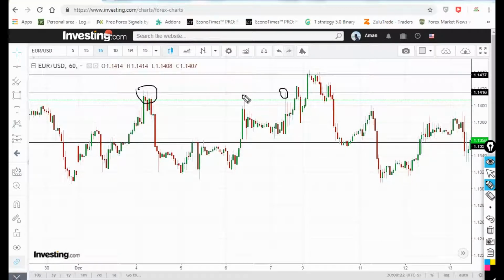This one goes a little bit, but it does not reach this level, so that's why I'm not taking this part. But I see there is a test number one and then test number two, and after this a breakout comes. Now on this breakout, you have to hold here.